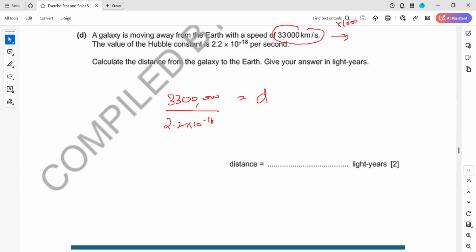This will be in meter because we directly convert kilometer per second into meter per second, multiplied by 1000. What's the answer for this? And the final distance, Hamid, Saim, what's the answer?